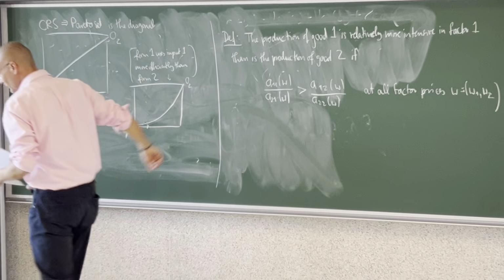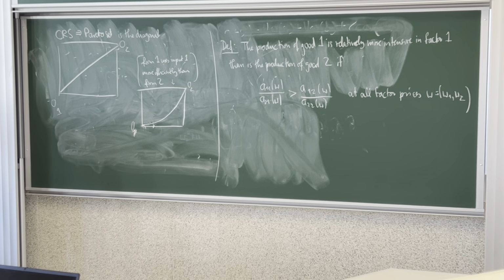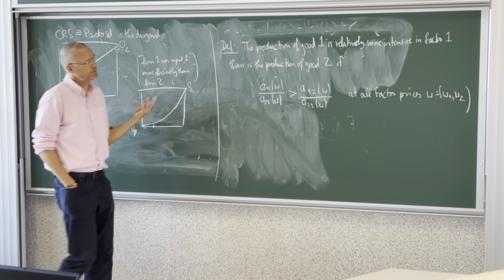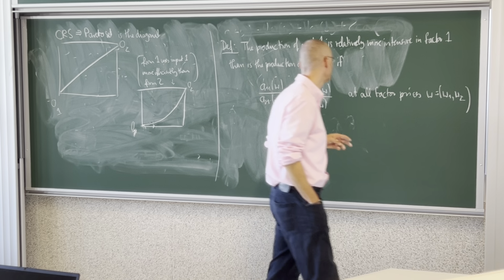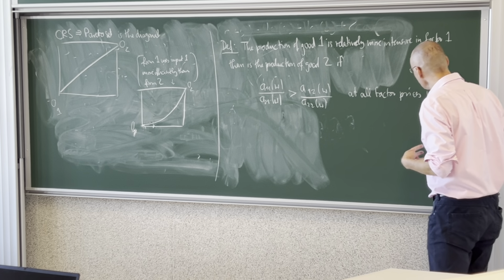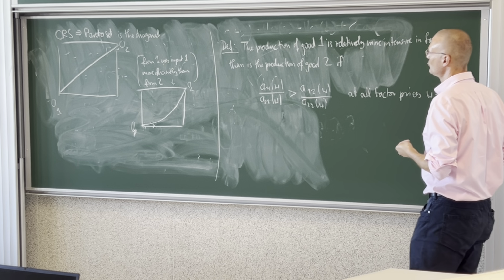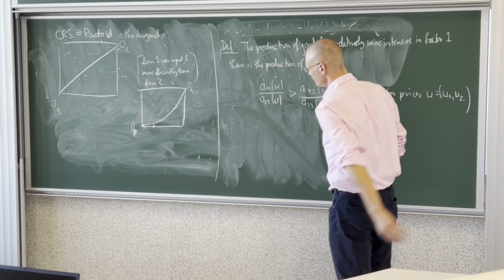What happens here is that good 1 uses more of input 1 than good 2 does.